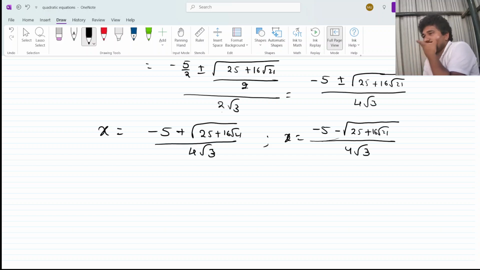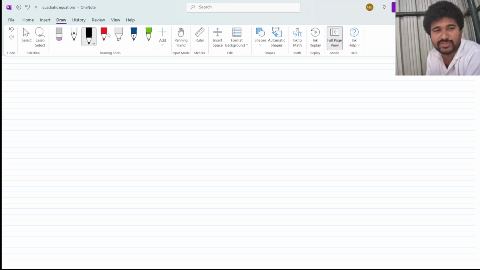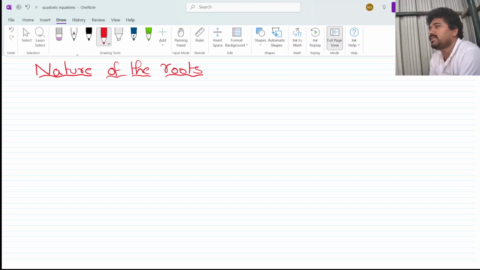Understood everybody? Yes. So now the next thing, take the title Nature of the Roots. Very, very important. The nature of the roots is decided by one guy called D. Who is D?